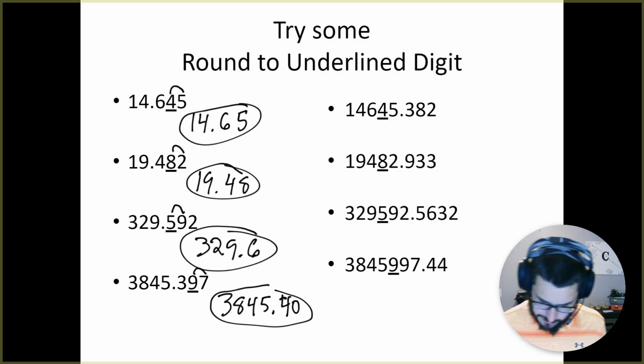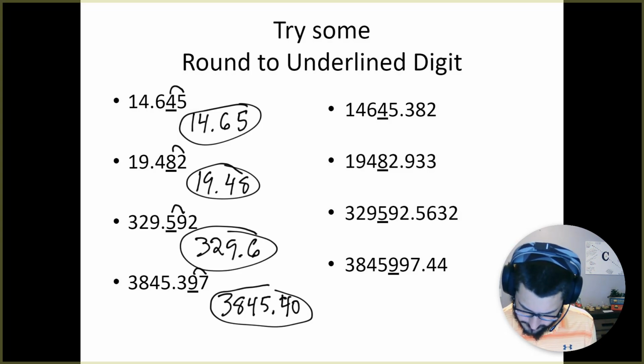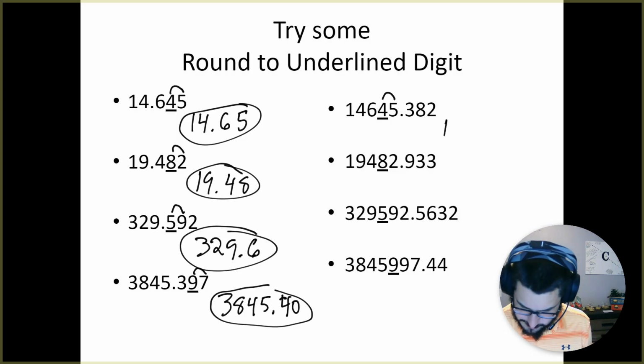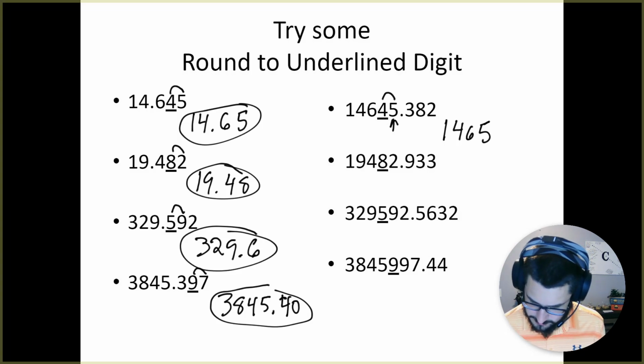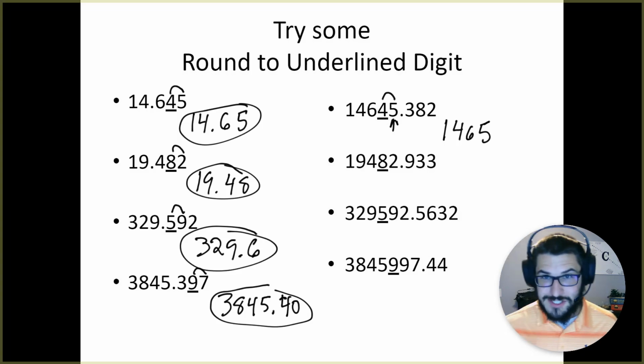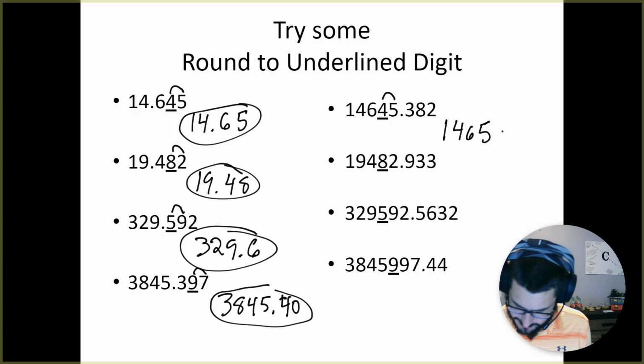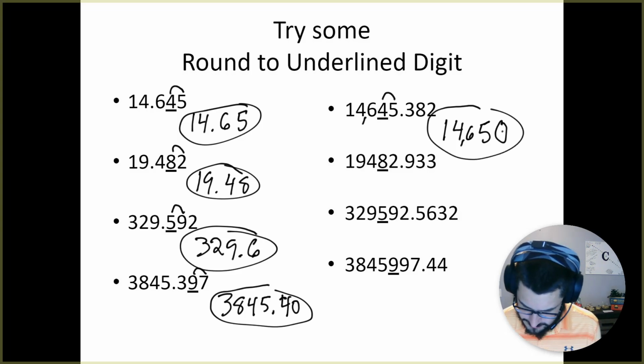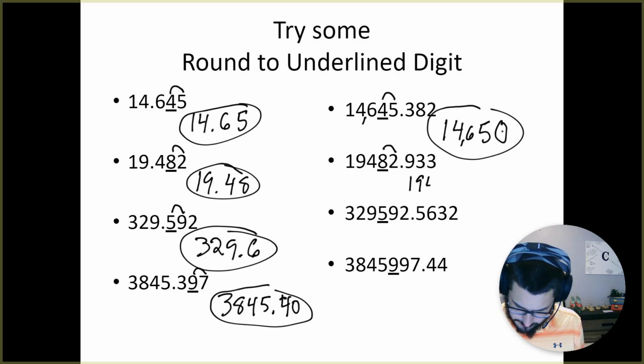Okay. Then we've got that 5 is going to round the 4 up to a 5. So we've got 1, 4, 6, 5. You replace all trailing digits with zeros since it's to the left of the decimal, so that's going to be 0. So 14,645.382 becomes 14,650.